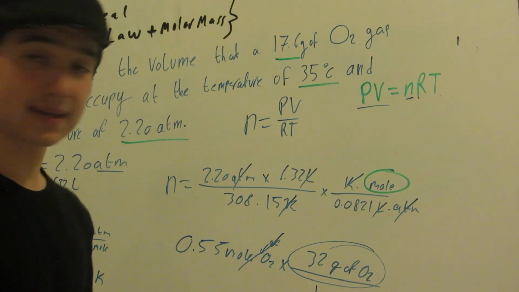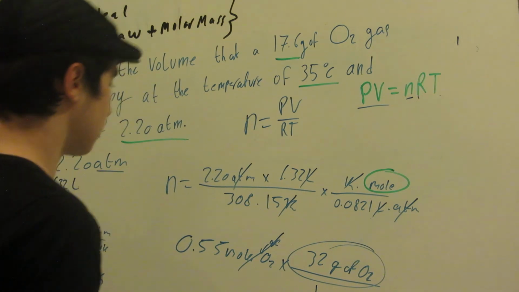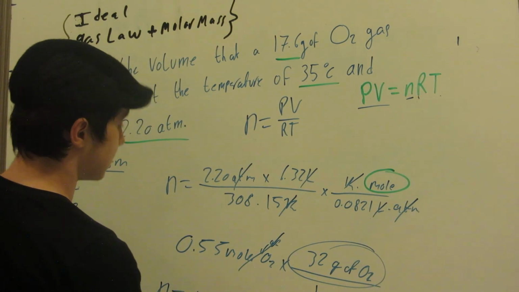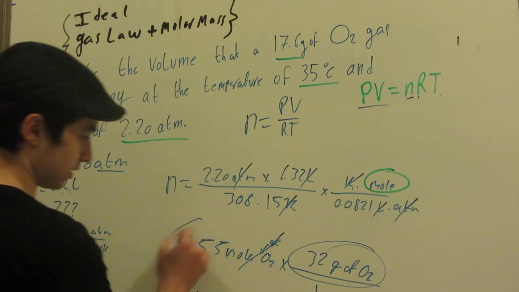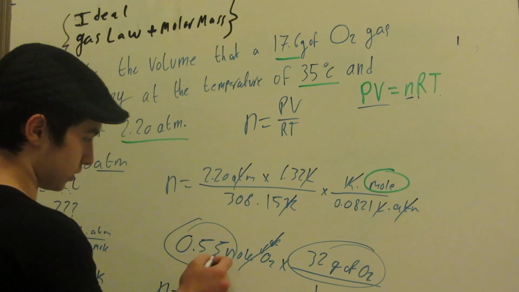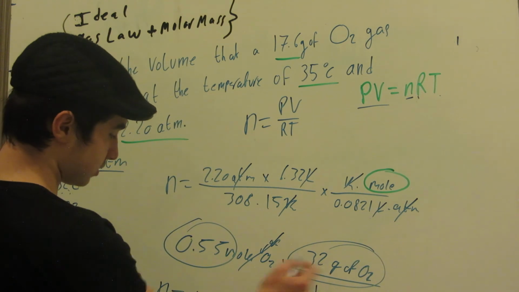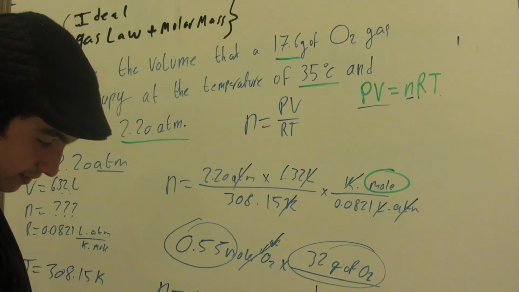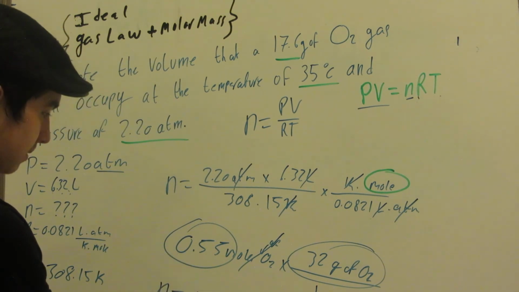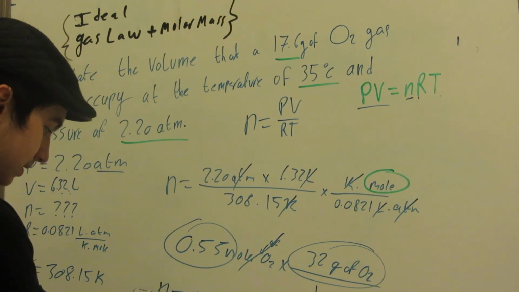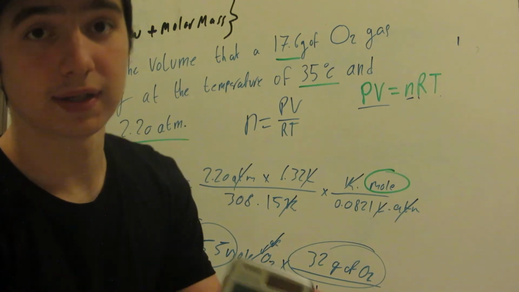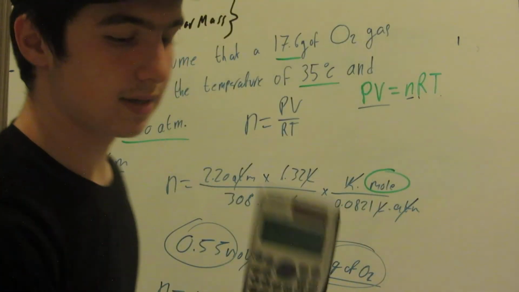So we got an exact number of grams, so we're not missing anything. If we just put 0.55 multiplied by 32, it equals 17.6. I don't know if it's shown in the camera, but here it is.